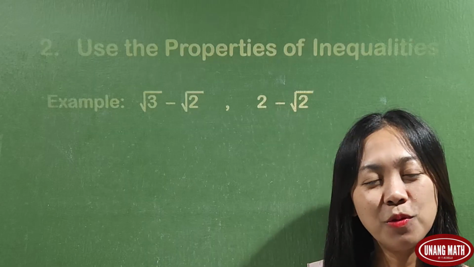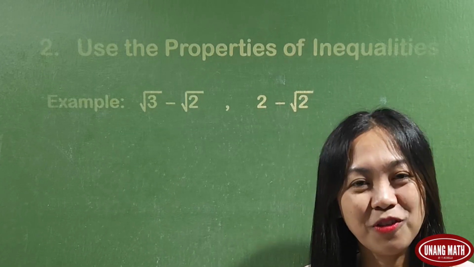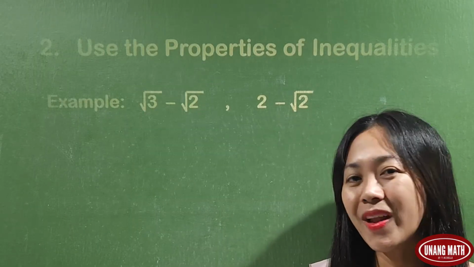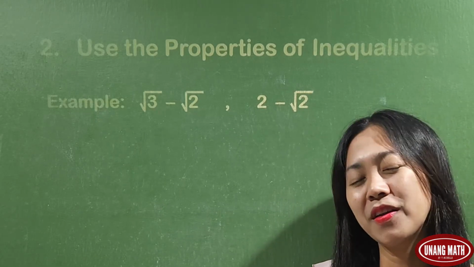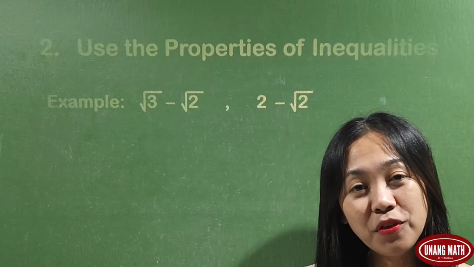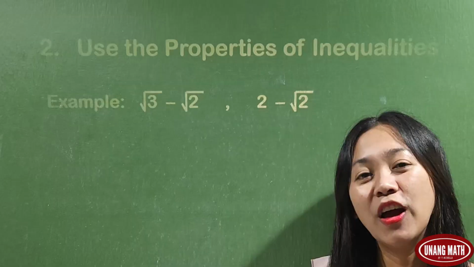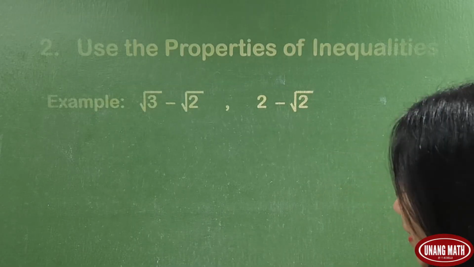Also, if we are multiplying or dividing positive numbers to both sides of the inequalities, the sign or symbol will not change also. But if we are multiplying or dividing negative numbers to both sides of the inequalities, then we have to change the symbol or sign. Okay, let's give an example.